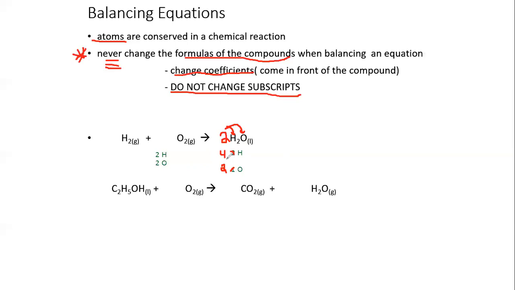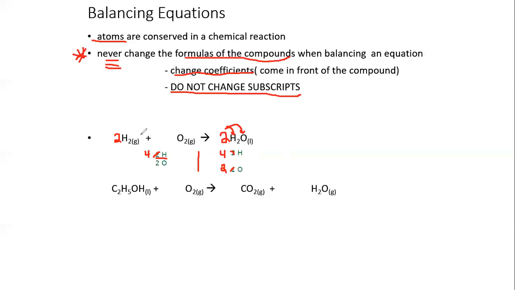So our product side, we have 4 hydrogen. On our reactant side, we have 2. So now we need to turn this 2 hydrogens into 4. So we're going to put a coefficient of 2 in front of the hydrogen. Now the hydrogen goes from 2 to 4. And you see now that we have the same number of each type of element on both sides of the reaction. So this is a balanced chemical reaction.